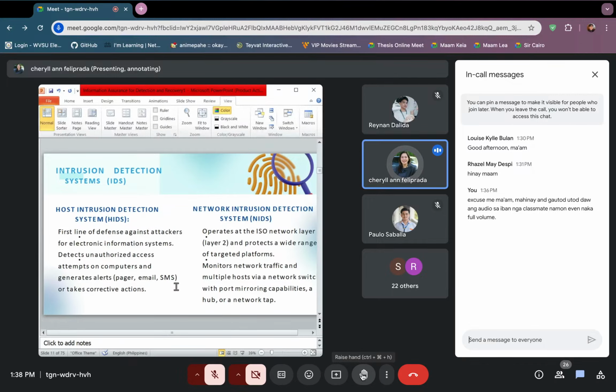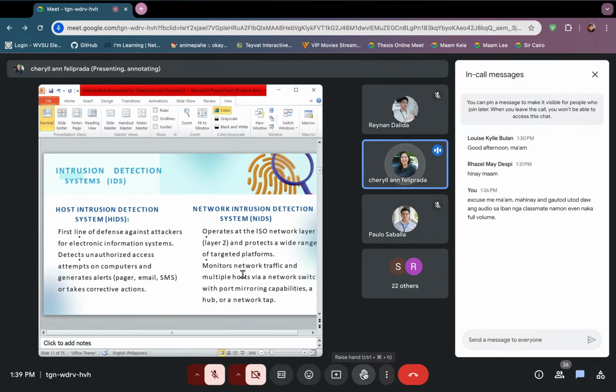While the network intrusion detection system operates at the ISO network layer, which is layer 2 of your OSI model, and protects a wide range of targeted platforms. So it monitors network traffic and multiple hosts via host networks, which report mirroring capabilities, a hub for a network tap.